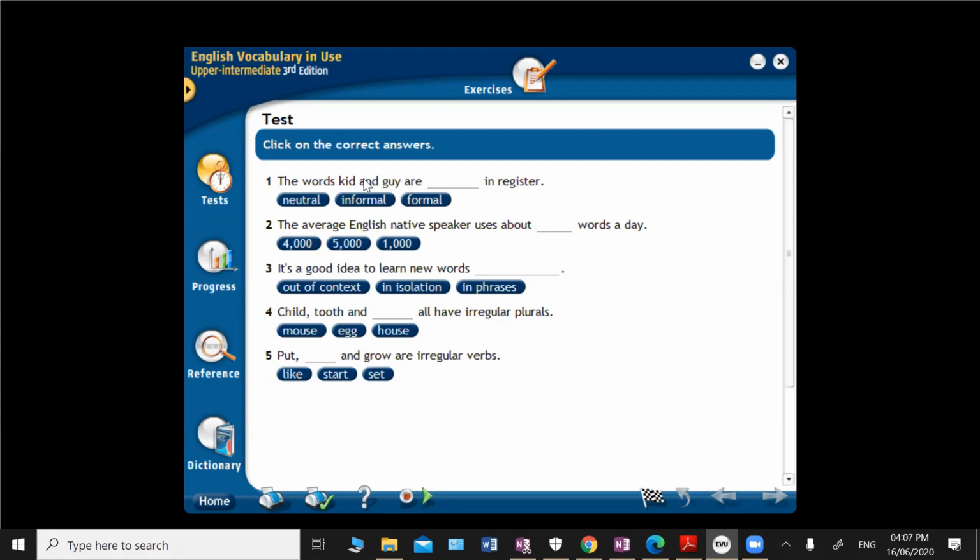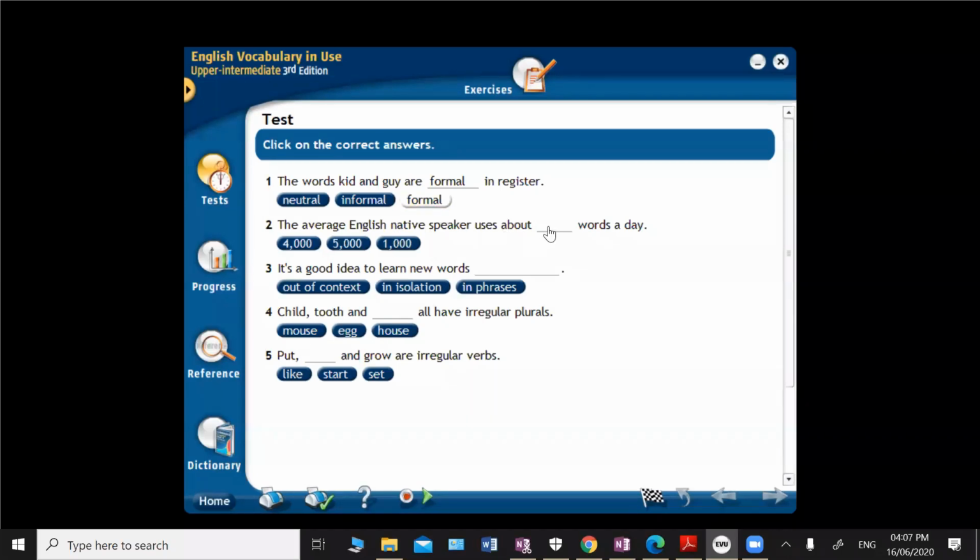So here is another one. The words kid and guy are, it removed by default. No problem. Let's look at this one here. The words kid and guy are informal. Yes, that's right. Informal. Number 2, the average English native speaker uses about 5,000.